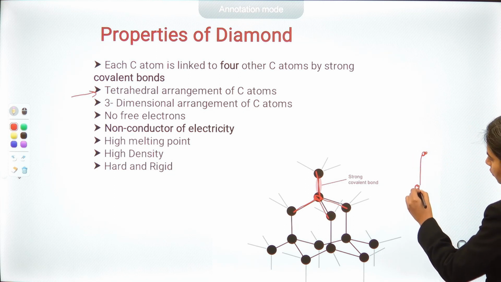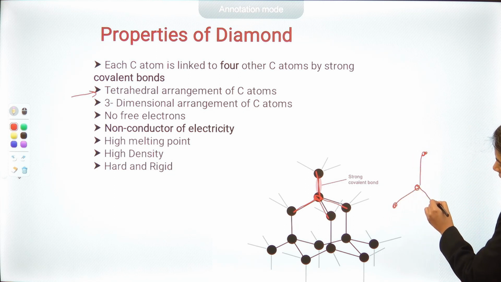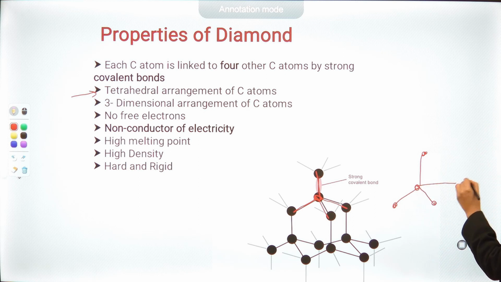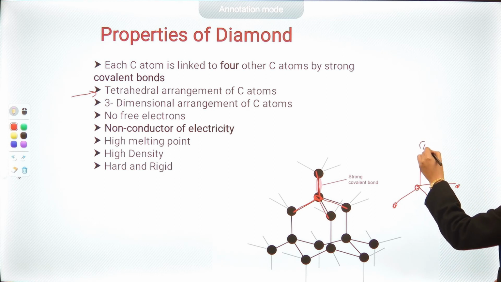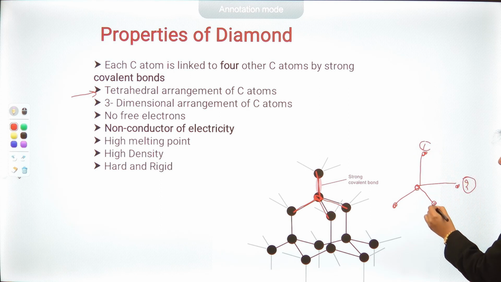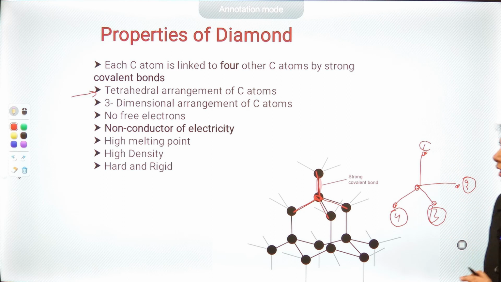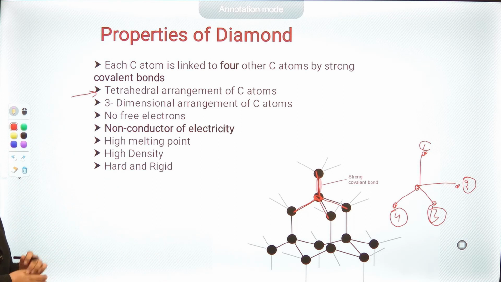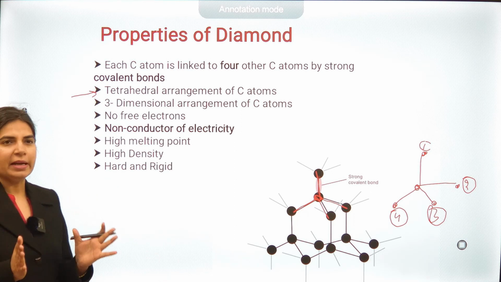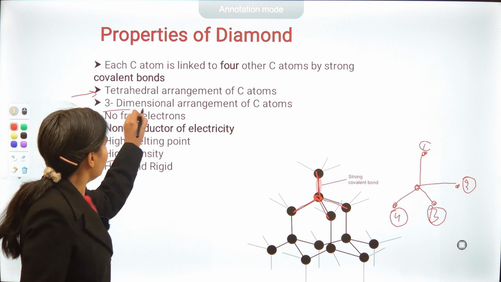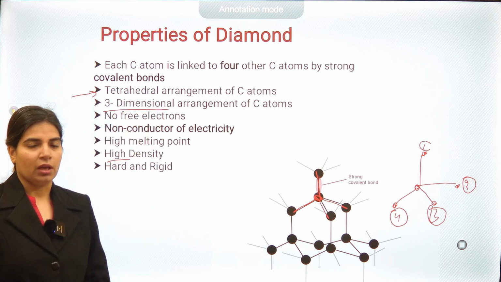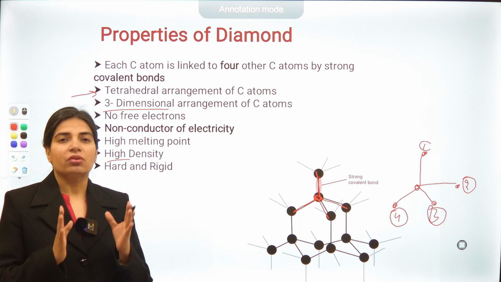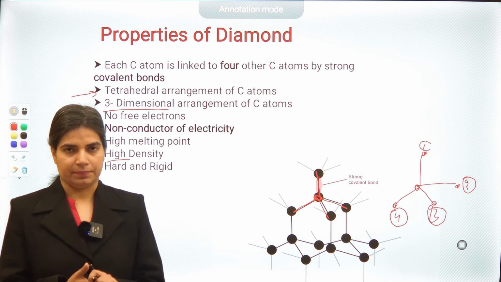This is the first one, second one, third one, and the fourth one. So all the atoms are arranged tetrahedrally in case of carbon atom in our diamond. Now let's talk about the next property. In next property, the arrangement of carbon atoms in diamond is 3-dimensional. It means the diamond is a 3-dimensional structure.